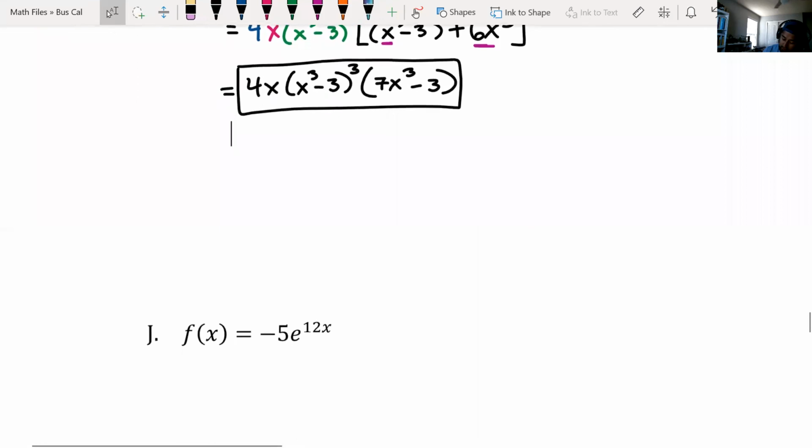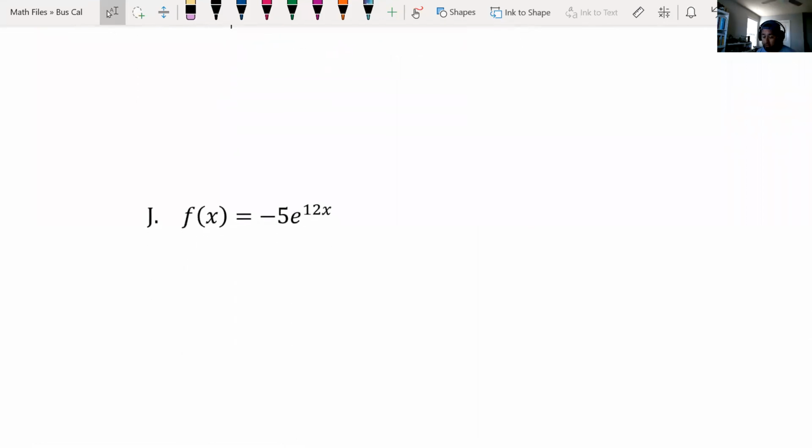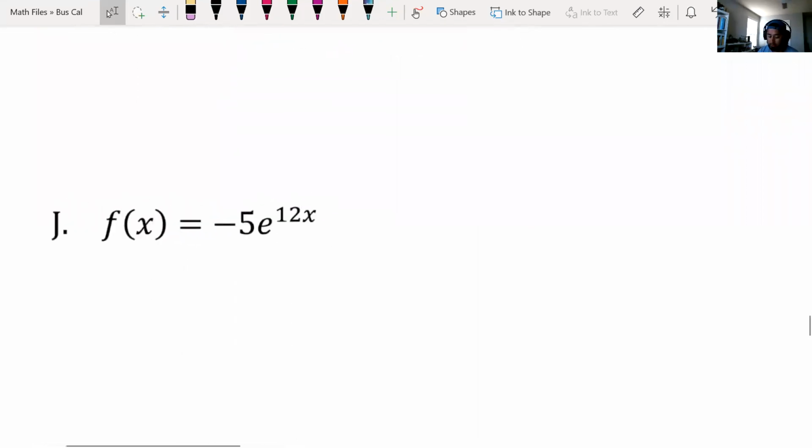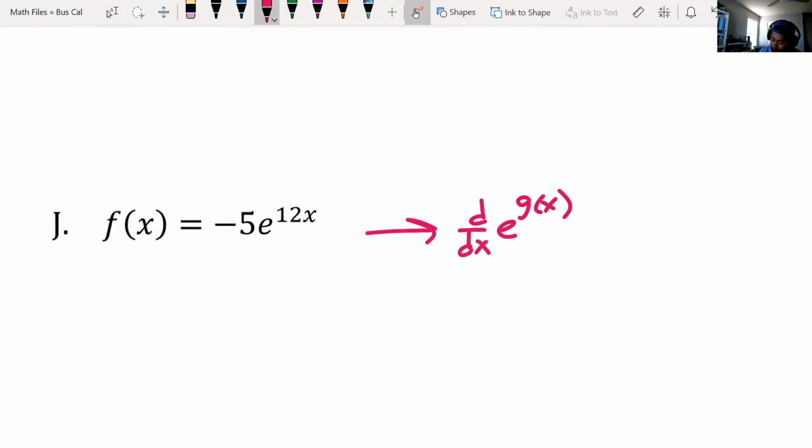Let's keep moving then. Now here we get to use our special chain rule formulas for e to the x. Remember that if you have d over dx of e to the g(x), then your chain rule derivative is e to the g(x) times g prime of x.